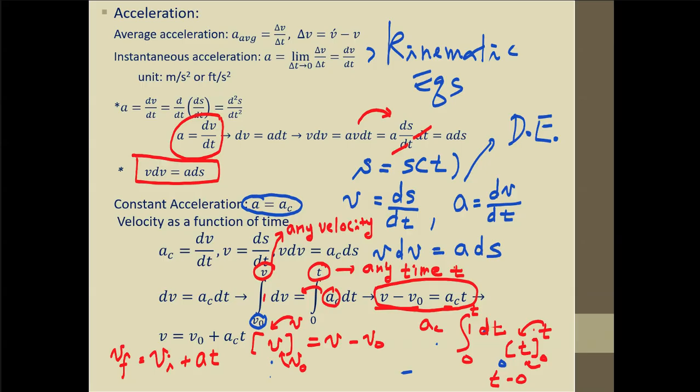Okay, so using calculus we derived the physics kinematic equation, right? So what if a is not constant? Then we have to solve it. Kinematic equations are first order differential equations. So as I told you before, how do we solve a first order differential equation?